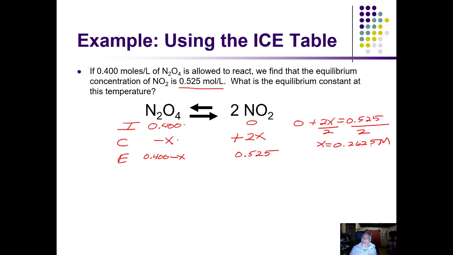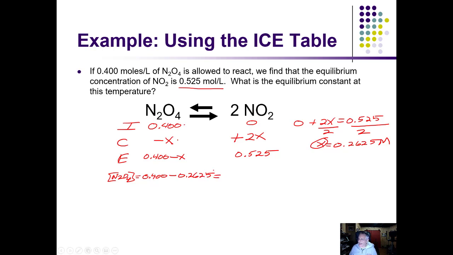Now that I know what x is in this particular case, I can go ahead and solve for the concentration of N2O4, because the concentration of N2O4 at equilibrium is going to be 0.400 minus 0.2625.